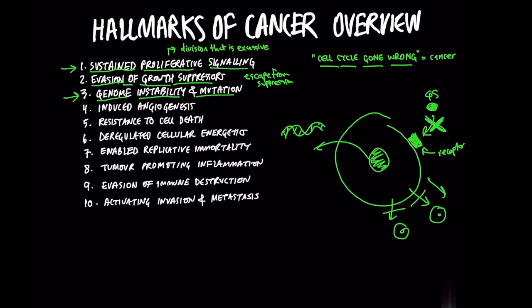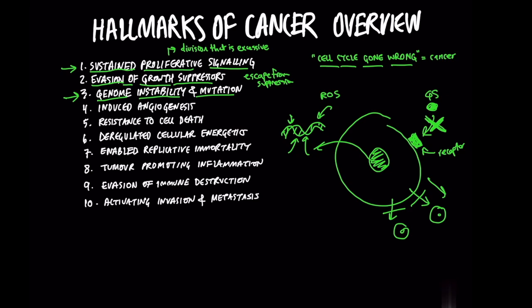DNA is very complex, and various types of damage could occur to the DNA and mutate different genes. Reactive oxygen species are one of the culprits that can mutate the DNA, but there are many things. So it's just damage to the DNA that hallmark number 3 is talking about.